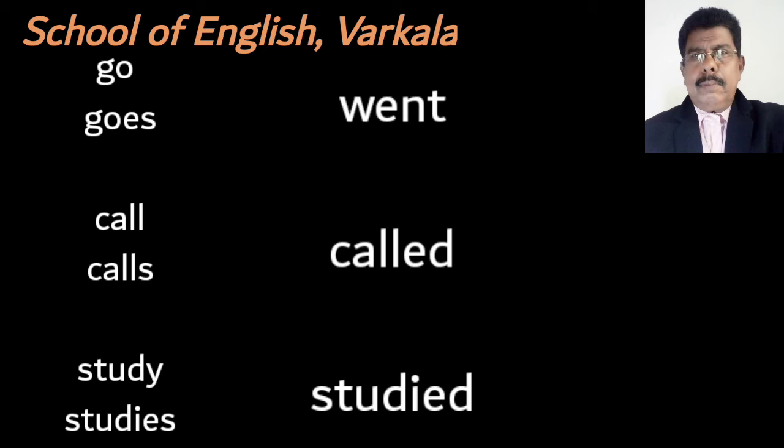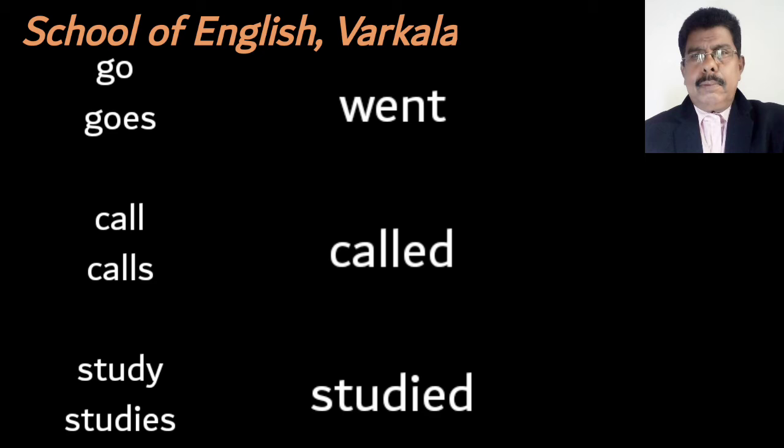What do you understand from this? Simple present tense and simple past tense do not seek the help of any auxiliary verb. In other words, simple present and simple past can be framed without the help of auxiliary verbs. Got it?